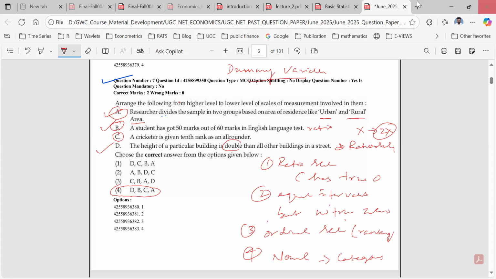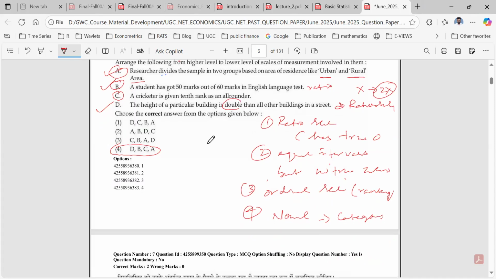So now coming to our answer. So the order is D, you have to write ratio scale. B again ratio scale. C will be ordinal, sorry, I was a little messed up.